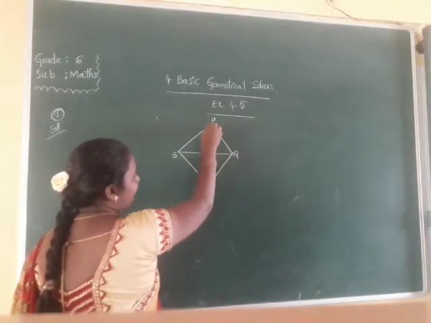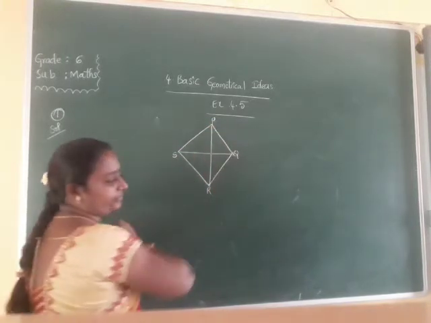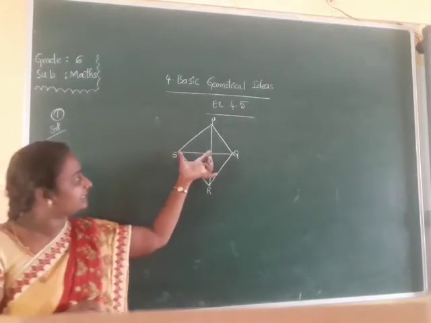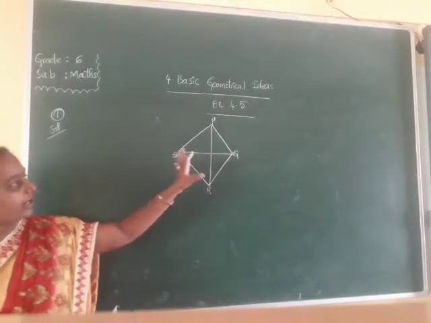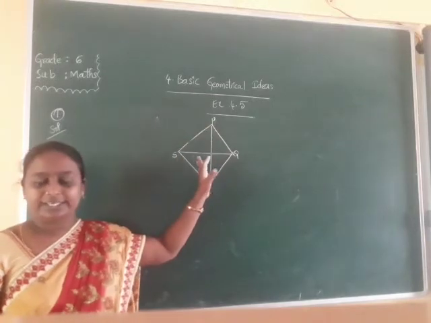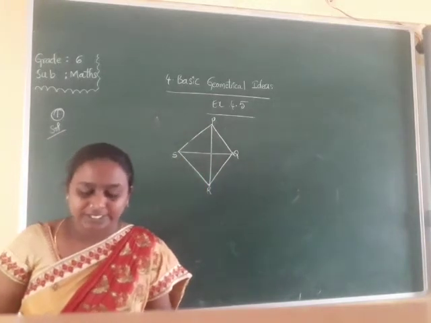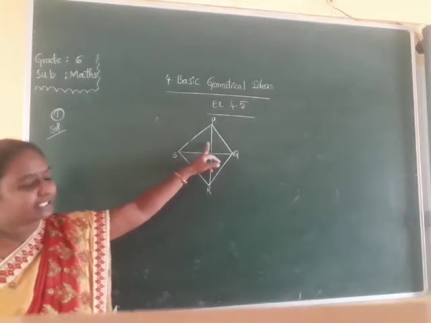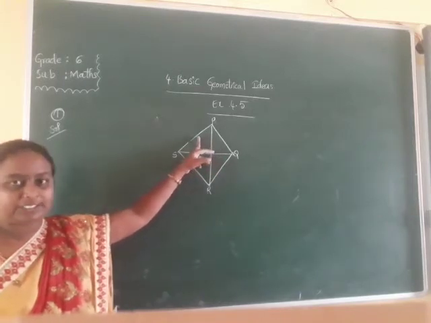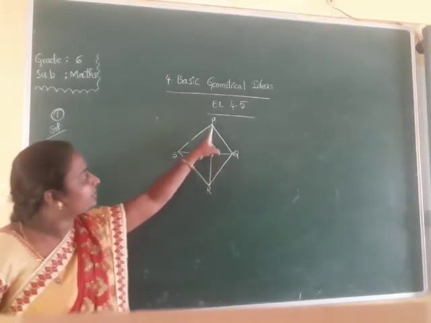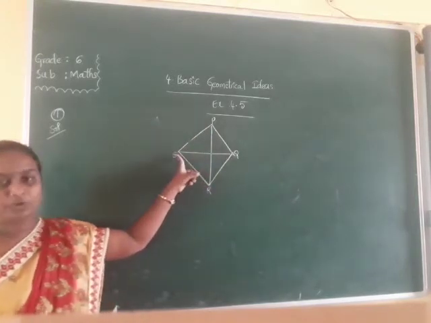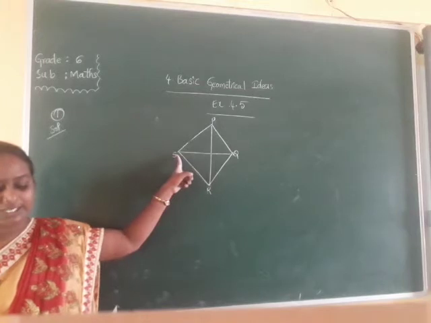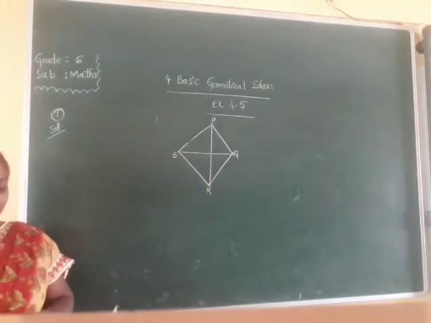The line segment joining the opposite vertices of a quadrilateral is called a diagonal. Okay, so here how many diagonals we have? Yes, two diagonals, that is PR and QS. Okay, these two are diagonals.